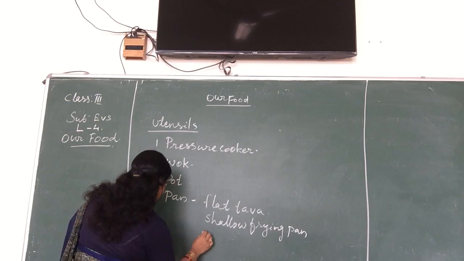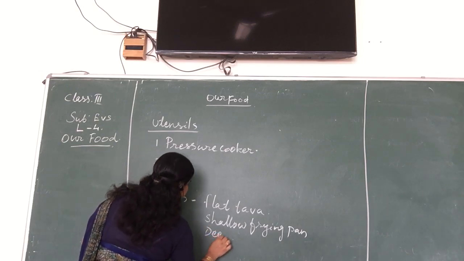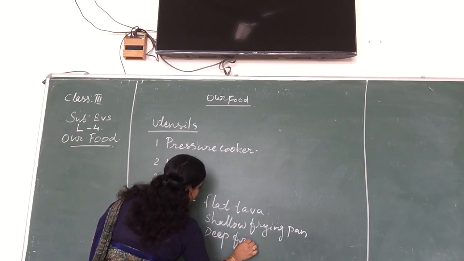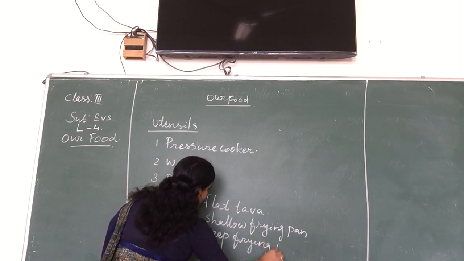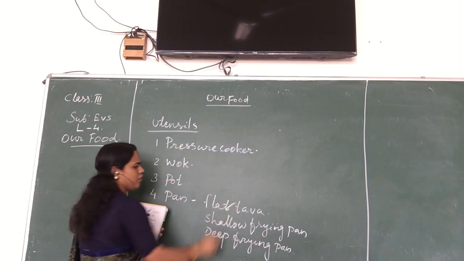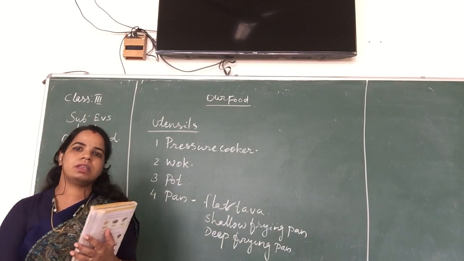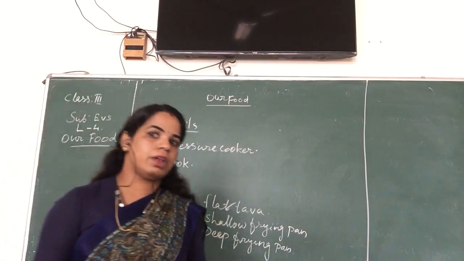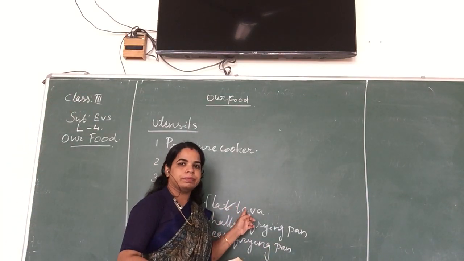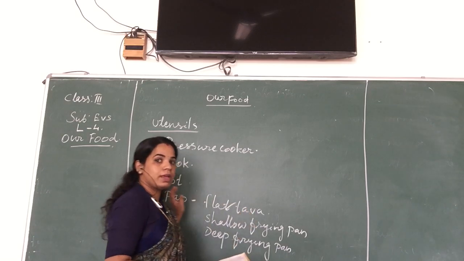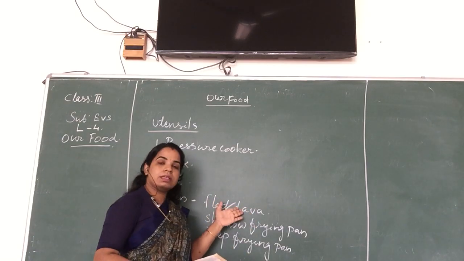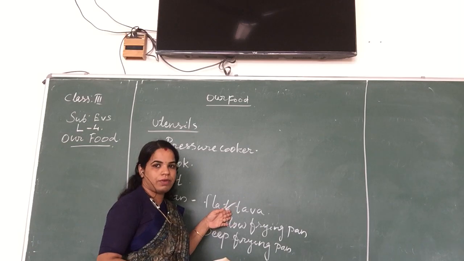And then the deep frying pan. Like this, we use different types of tawa to cook the food. And for which purpose are we using the flat tawa? To make chapati or roti we are using the flat tawa.